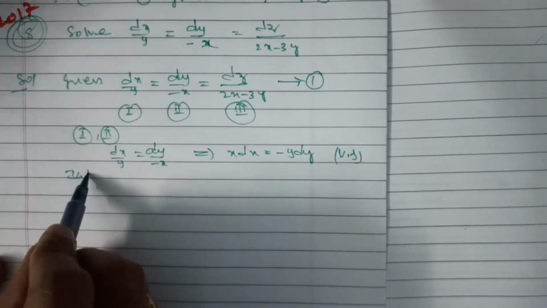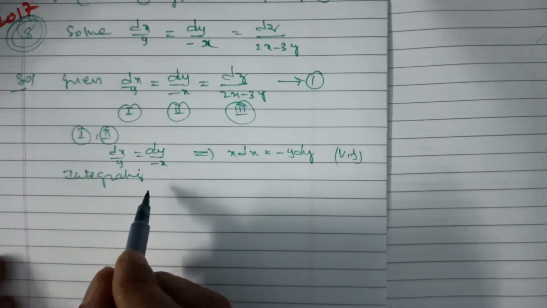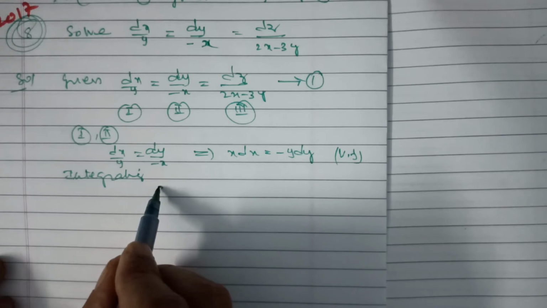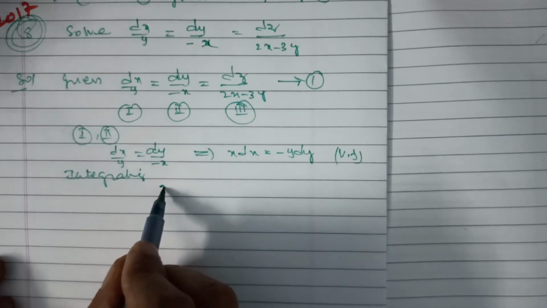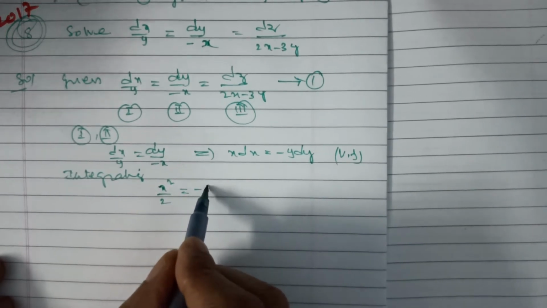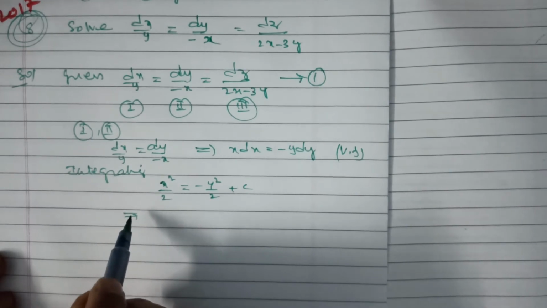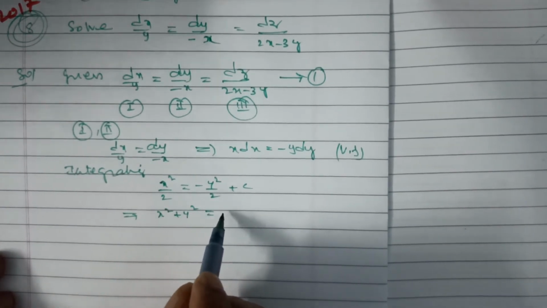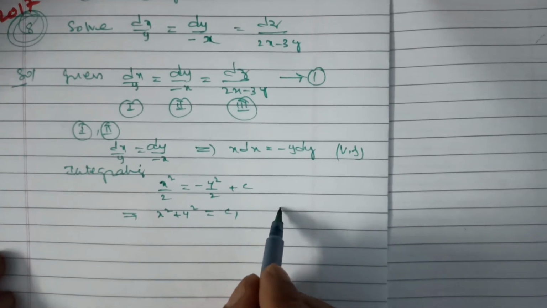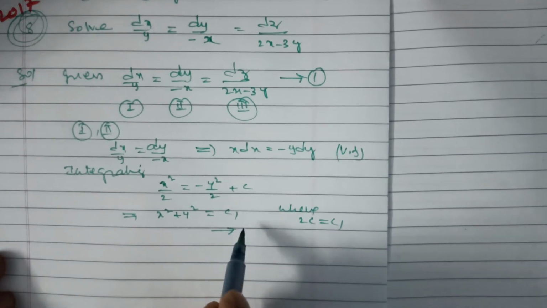Integrating, x square by 2 is equal to minus y square by 2 plus c, which implies x square plus y square is equal to c1, where 2c is equal to c1. Take this as 2.